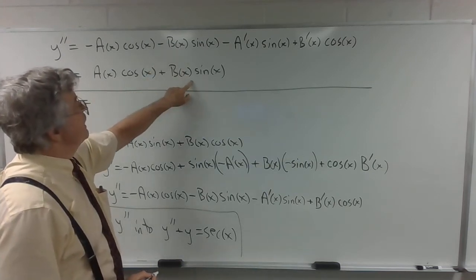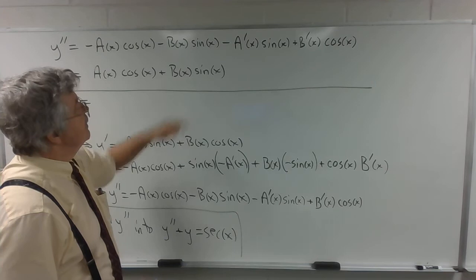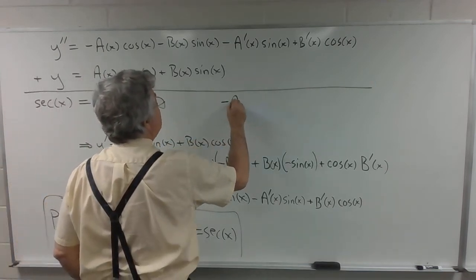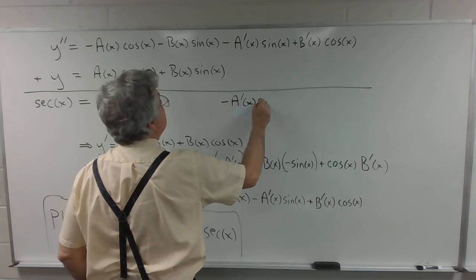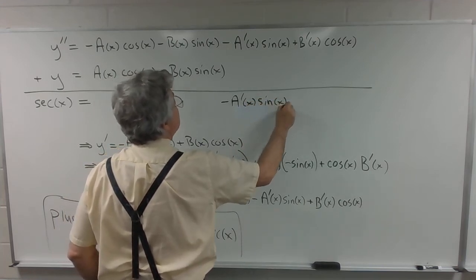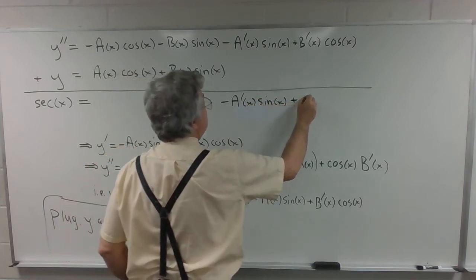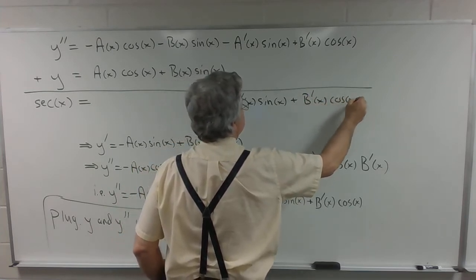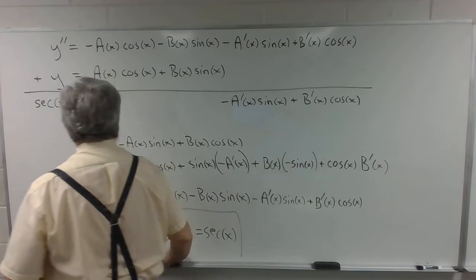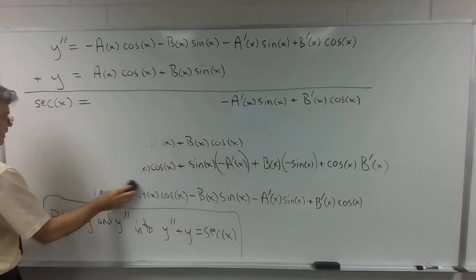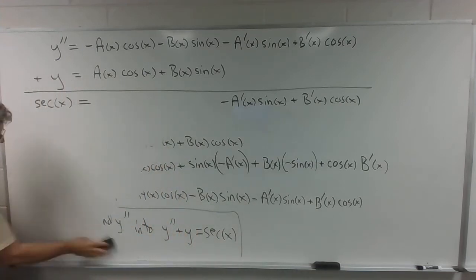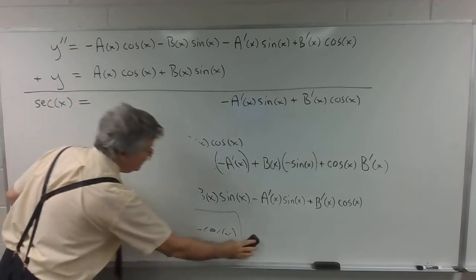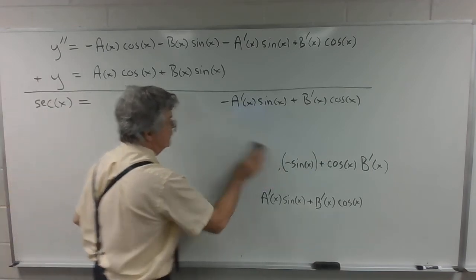These terms add up to 0. And what we get is this thing: minus a prime of x sine of x plus b prime of x cosine of x. So when I've plugged all of this into the original differential equation, that's what I got.